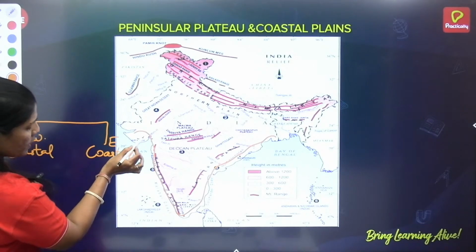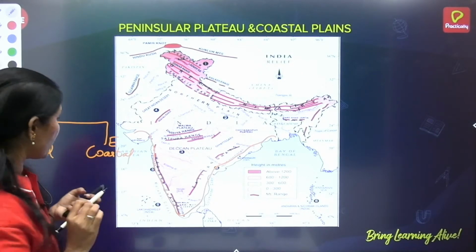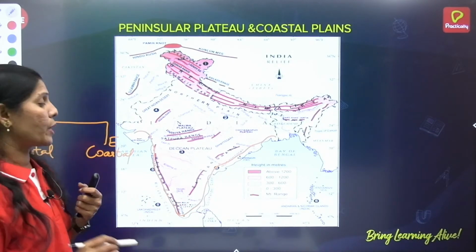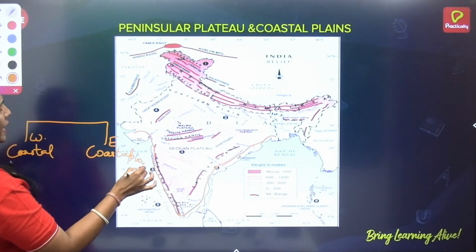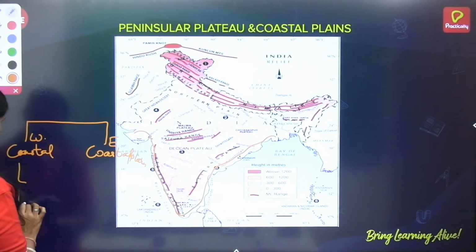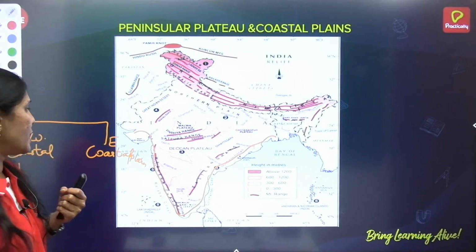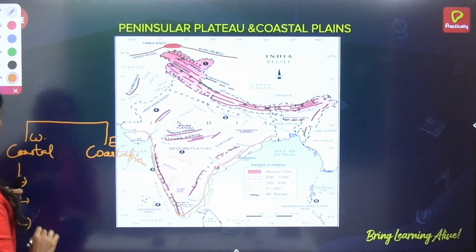The coast which is along the Arabian Sea we call the western coast, and the coast which is along the Bay of Bengal we call the eastern coastal plain. Okay, so these plains again depend on states and on the type of terrain. They are divided again into three categories.